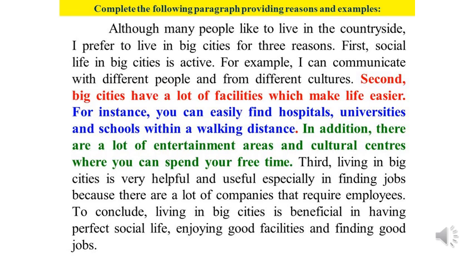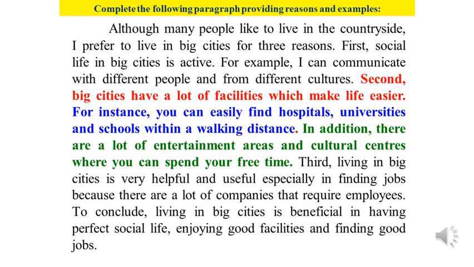Second, big cities have a lot of facilities which make life easier. For instance, you can easily find hospitals, universities, and schools within a walking distance. In addition, there are a lot of entertainment areas and cultural centers where you can spend your free time. This is a completion of the second idea.